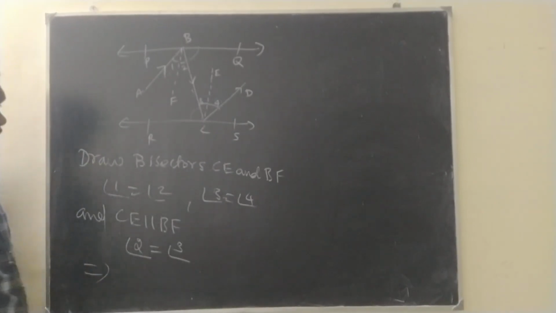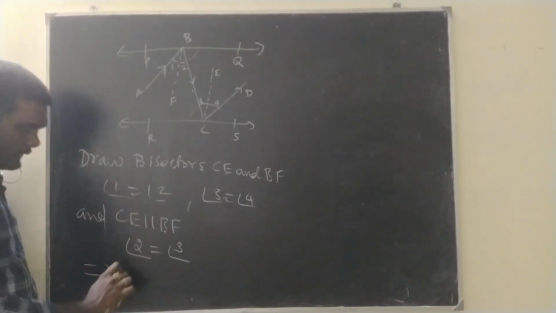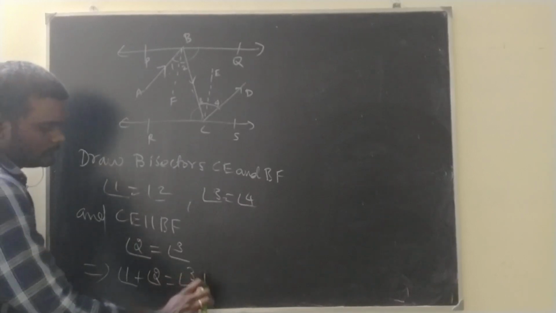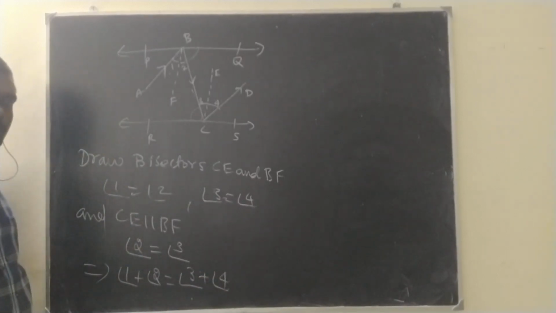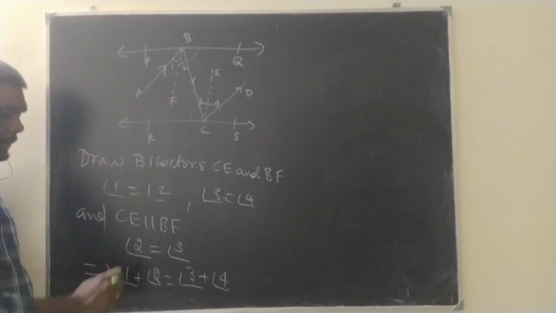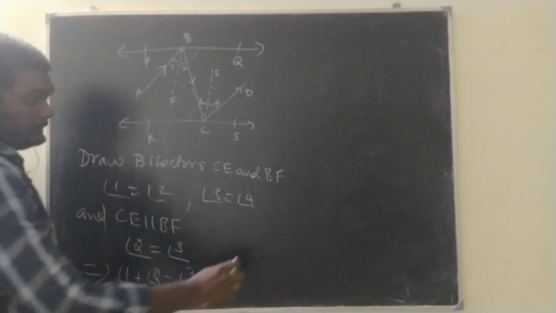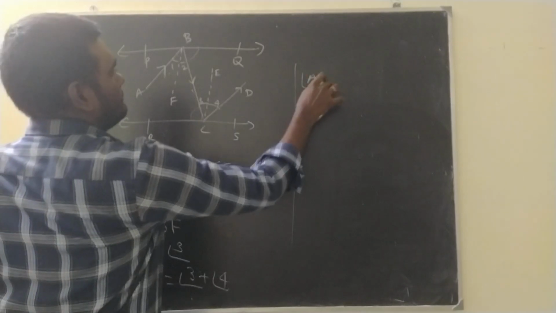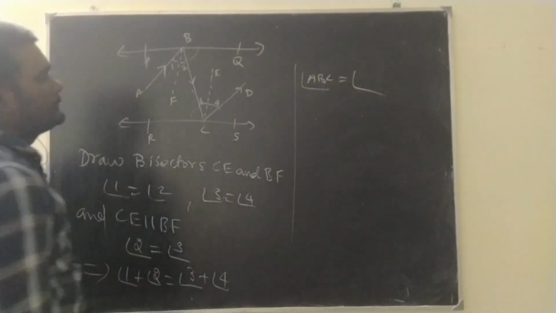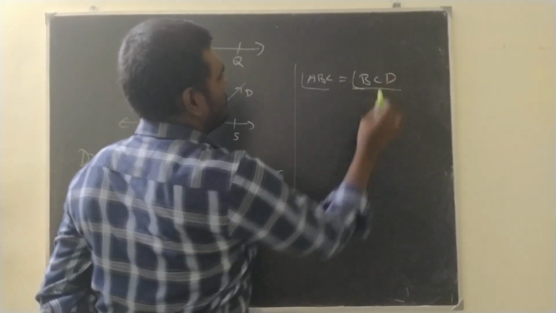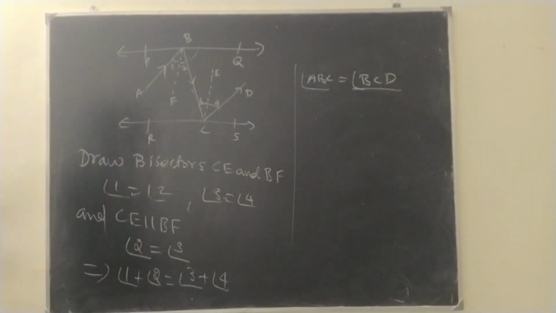So simply we'll add these two: 1 plus 2 equals angle 3 plus 4. So 1 plus 2 is what? Angle ABC, that is equal to BCD, which are alternate interior angles.